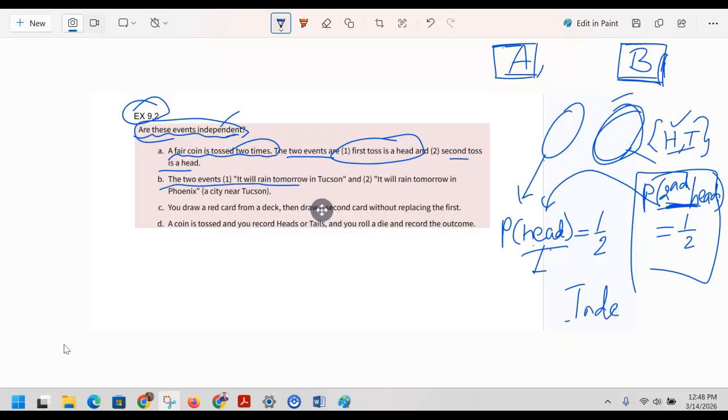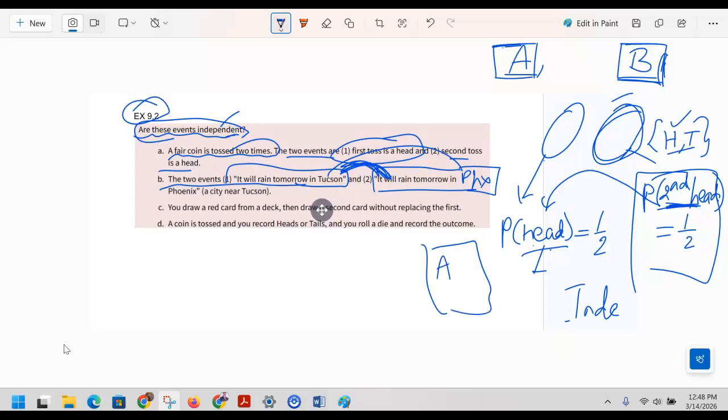Next is an event. The first one, it will rain in Tucson, and event two is it will rain in Phoenix. Now these two events are interconnected, because Phoenix is close, in the same state of Arizona. Phoenix is here, Tucson is down. Of course, all the clouds are moving.